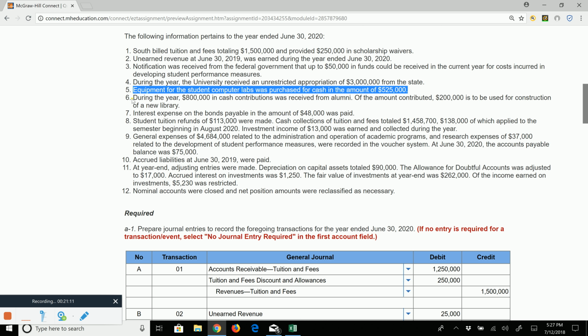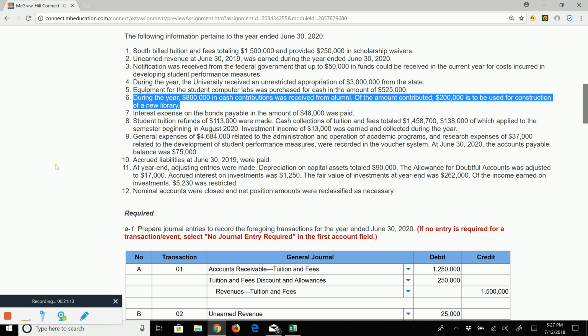Number 6, during the year, $800,000 in cash contributions was received from alumni. So here we have some donations, $800,000. Of the amount, $200,000 is to be used for construction. Now remember, with public universities, we have to break up our equity between unrestricted, restricted, and net investment in capital assets. Well, at the time that we are receiving this donation, the $200,000 is to be set aside.